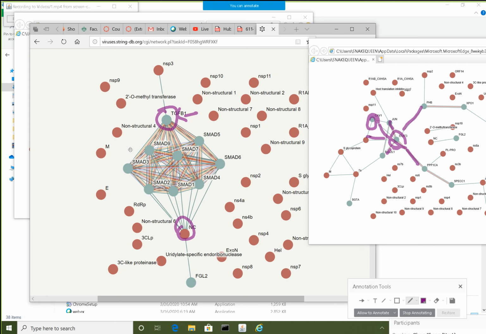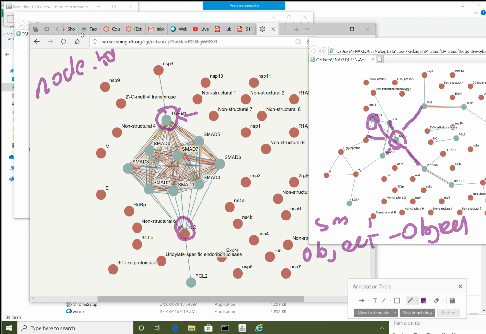So people compare the sequences, the node to node similarity, we call the object to object similarity, right? Here it is corresponding to the node to node similarity. And the node to node similarity corresponds to sequence alignment.